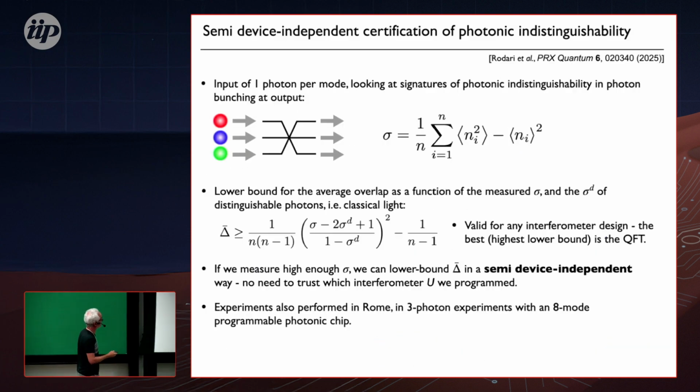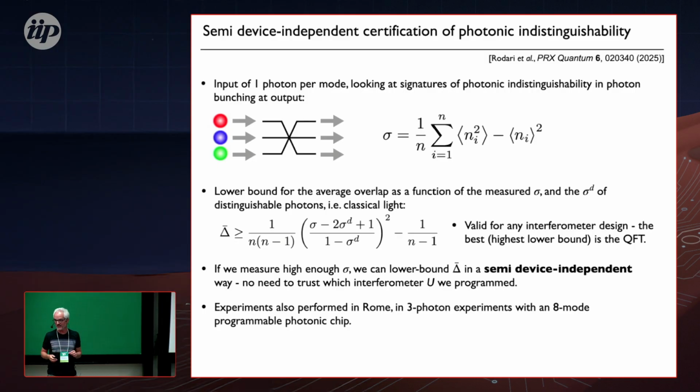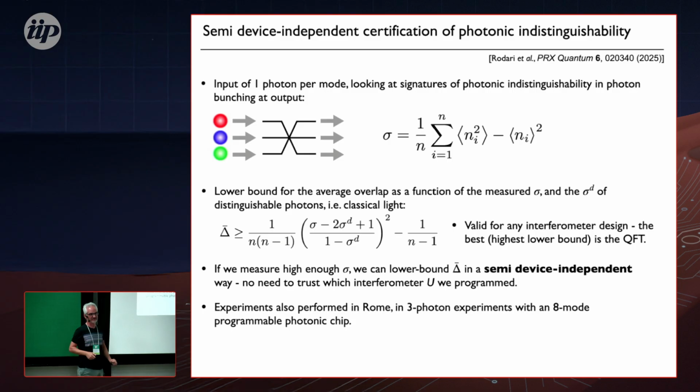The other thing that you can do is to do a semi-device independent certification of indistinguishability. Okay, what do I mean by that? From that previous equation, you can prove this other one, which is a lower bound for the average overlap. So now you're using some interferometer, you put the 3 photons there, or any number n, and you want to know the lower bound for the average overlap, so that you can, for example, be sure that the photons you're using are highly indistinguishable, right?